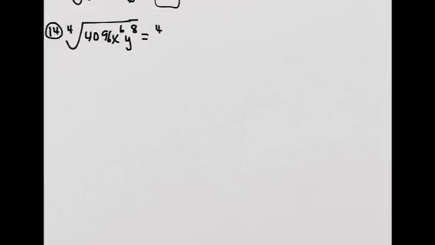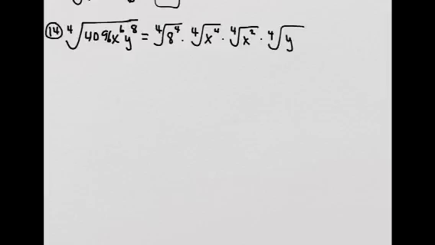So I could rewrite it like this. And then I have 6 x's inside, so I could break it up so that I separate it into groups of 4 like that. And then I still have 2 left over, so I'll separate it like that. And then the y, whoops, forgot the radical. So the 4th root of y to the 8th. Okay? So now 8 is the 4th root of 4096, so this one comes out as 8.